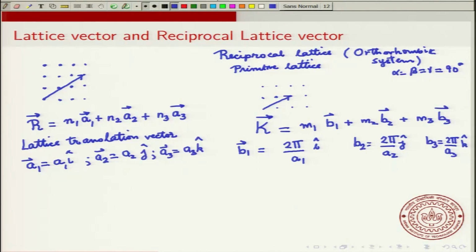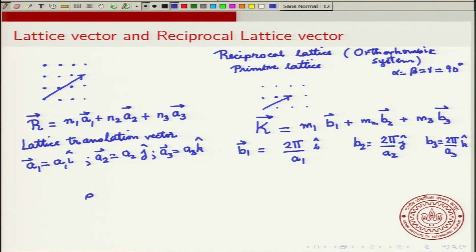So a3 without the vector sign represents the magnitude of a3. Similarly, a2 without the vector sign represents the magnitude of a2, and a1 without the vector sign represents the magnitude of a1. So these are the reciprocal lattice vectors.